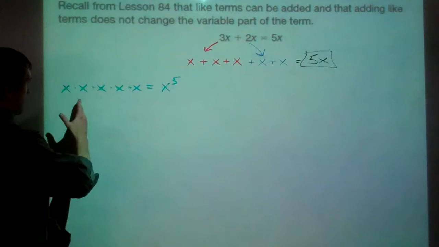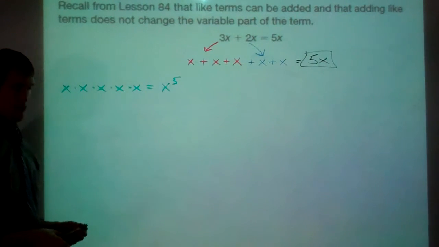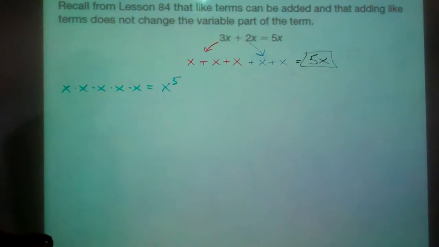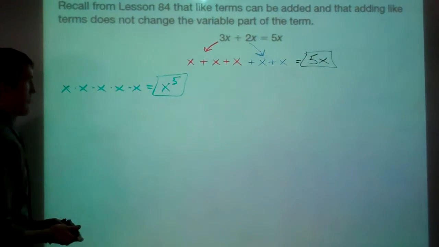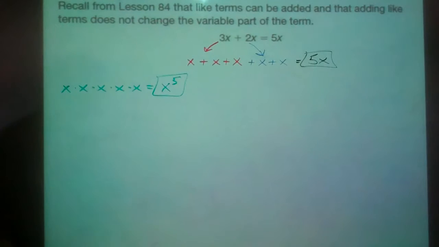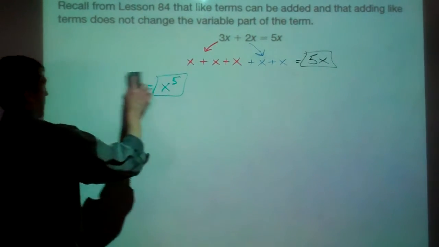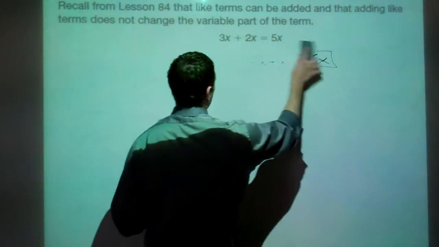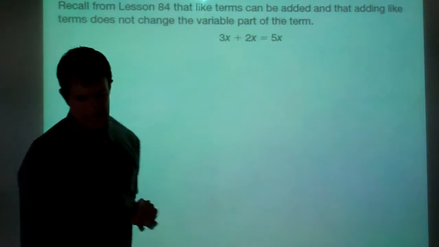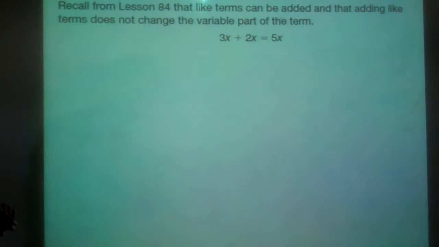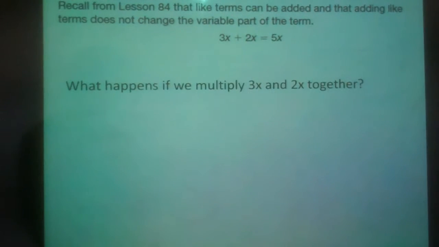But if we multiply 5 x's together, that's x to the 5th. Alright? So that's the difference between multiplying 5 x's and adding 5 x's. Okay? So, we're going to keep that in mind when we move into multiplication today. The exponent does not change when we add, but it did change when we multiplied. Okay? And that's going to be a key today.